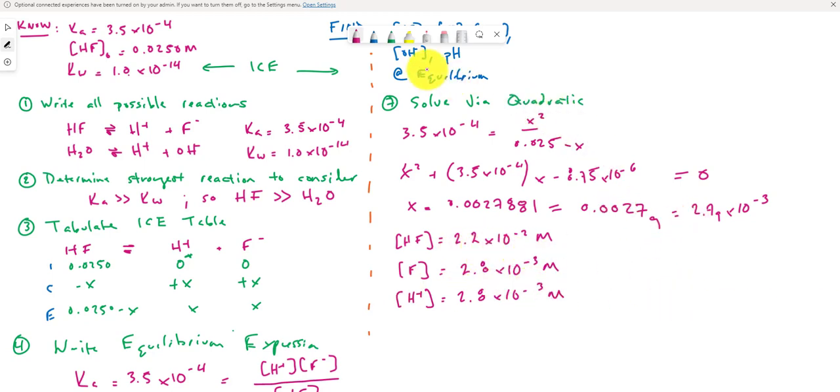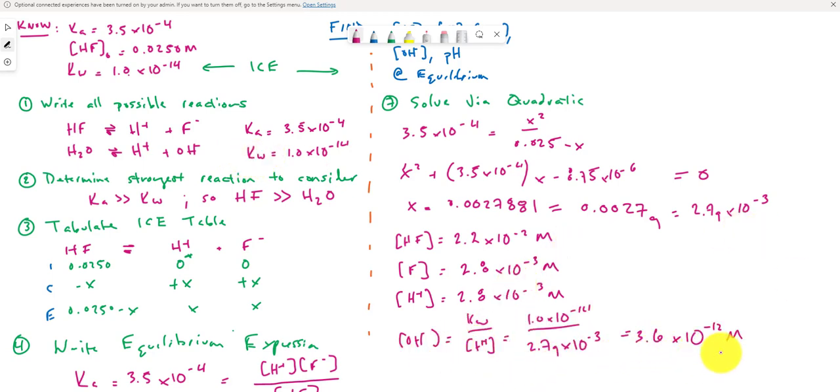But remember, we're also being asked to compute hydroxide ion concentration and pH. Remember, if we know H plus, then we know Kw is always true, then we can figure out OH using the Kw equilibrium expression. That gives us something like this, 3.6 times 10 to the minus 12. Because remember, hydroxide concentration times hydrogen ion concentration will always add up to 1 times 10 to the minus 14.